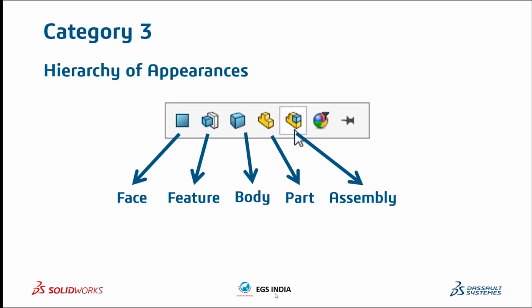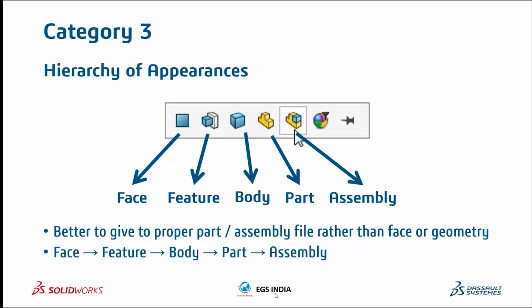Let's say there's some issue that needs to be troubleshooted, then it is easier to do it when the appearance is applied at the higher levels. So this is the suggestion that we make towards the hierarchy of appearances: with respect to your requirements, the highest level is preferred rather than the faces or bodies.